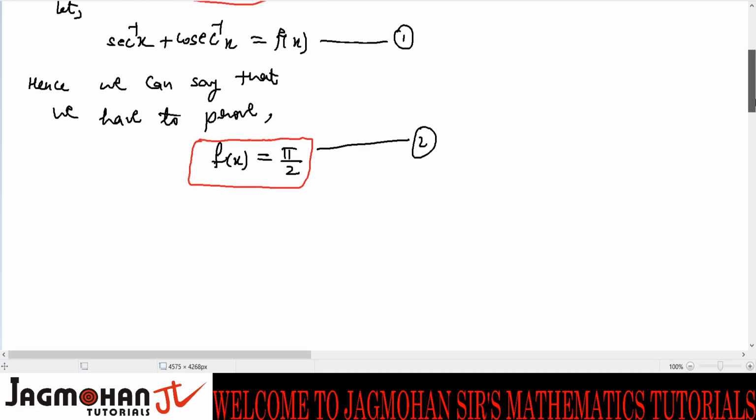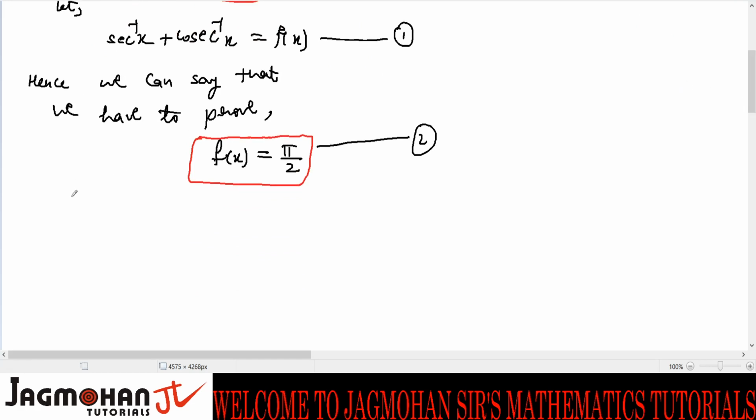Okay. Now see, students, how do I achieve my goal? I write differentiating 1 with respect to x.